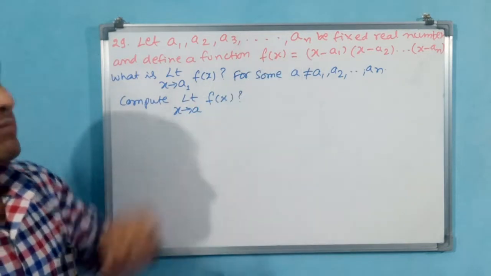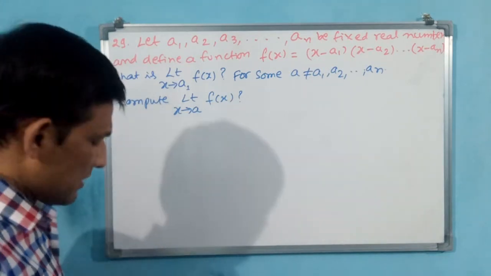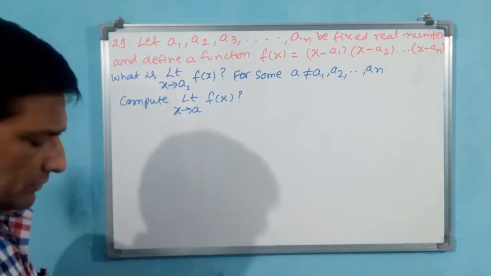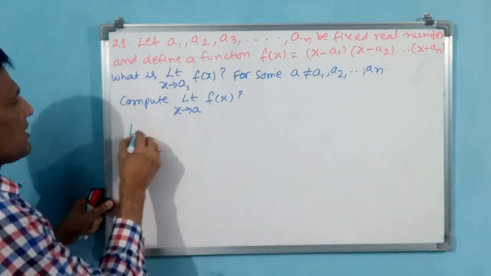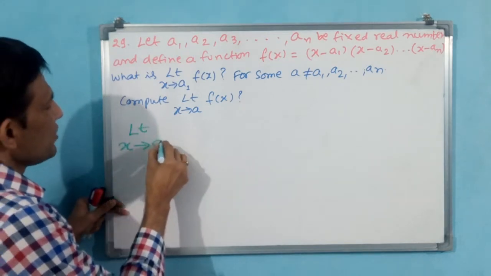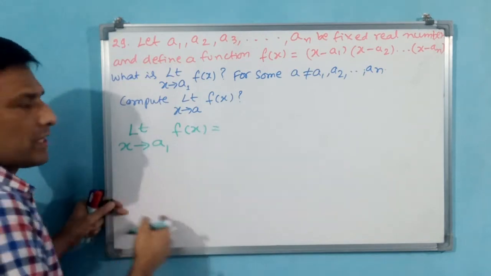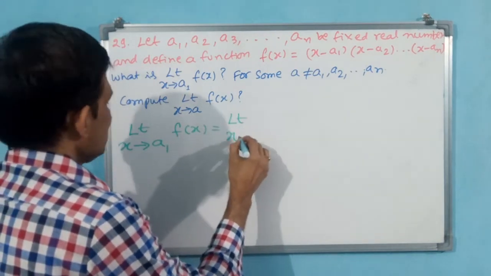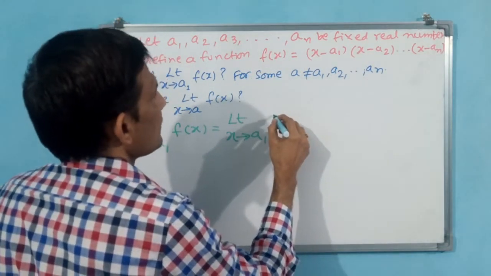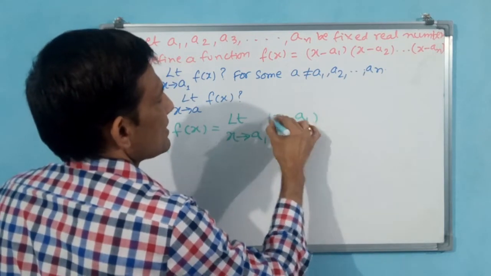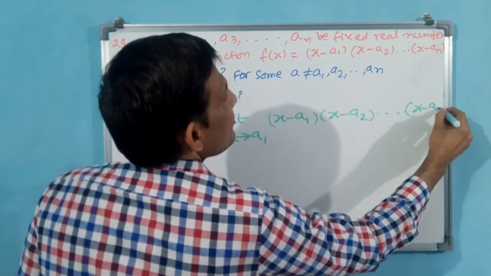When equal to comes, you need not worry about unequal, less or minus or plus or minus. Okay, let us do. See how I am doing. Write down, limit x tends to a1, f of x is equal to limit x tends to a1. See, f of x is this, you first copy: x minus a1, x minus a2, x minus an.